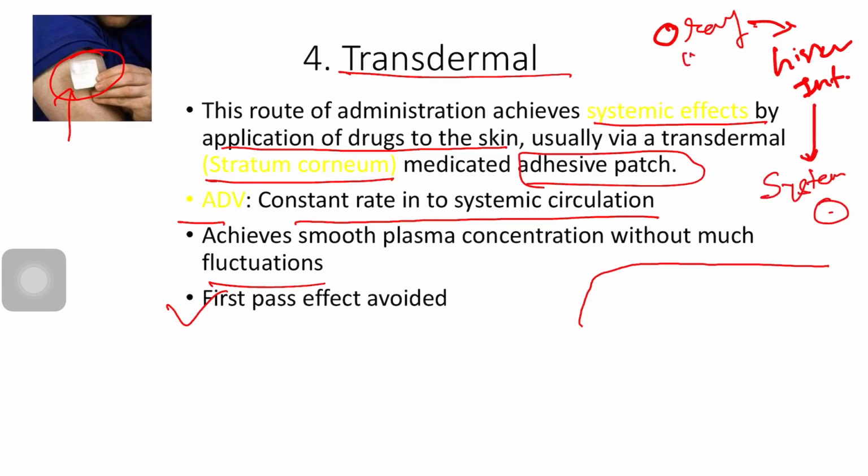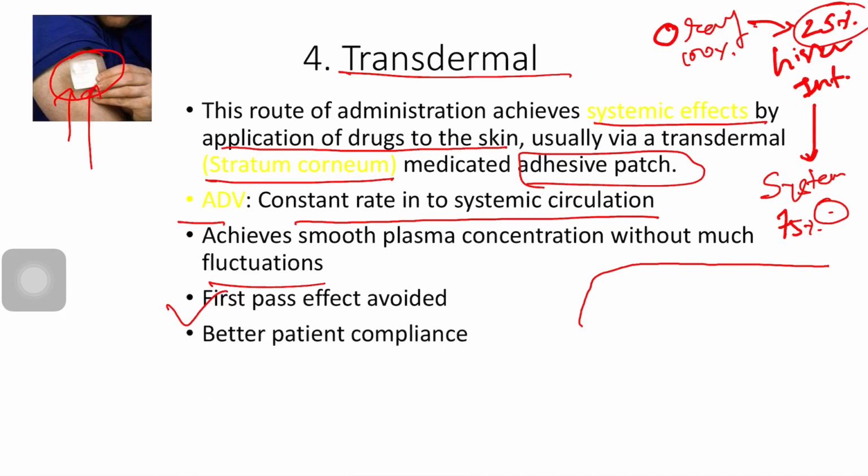So if you administer 100% of a drug orally, only 75%, for example, reaches the systemic circulation, and that 25% is lost due to first pass metabolism. Here there won't be any issue of first pass metabolism. You are applying the drug directly onto the skin, and through the skin it gets absorbed directly into the system.